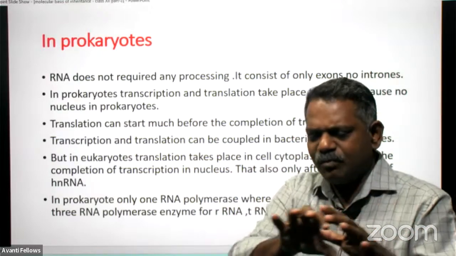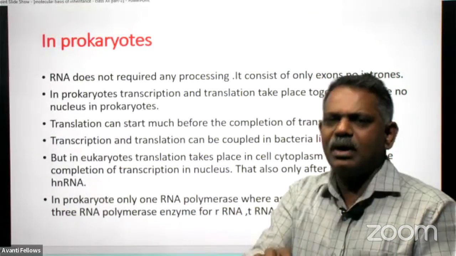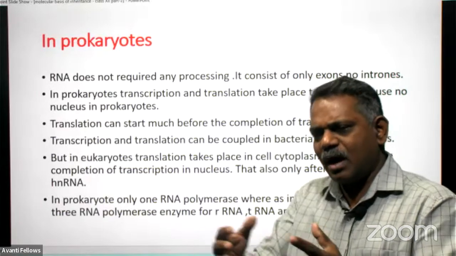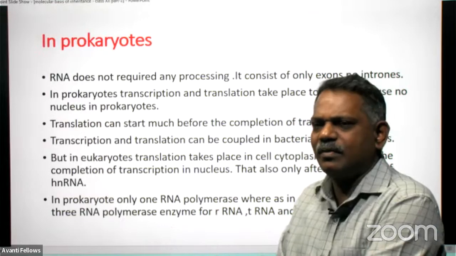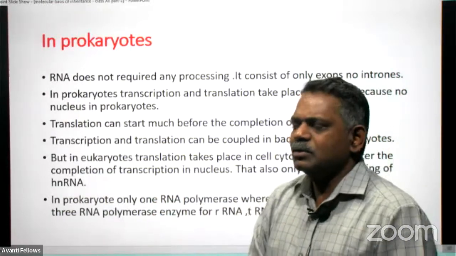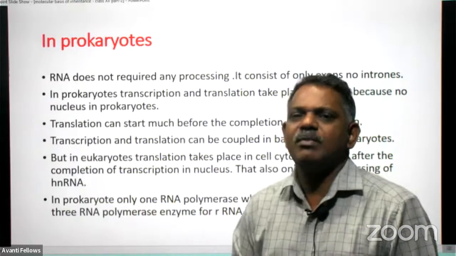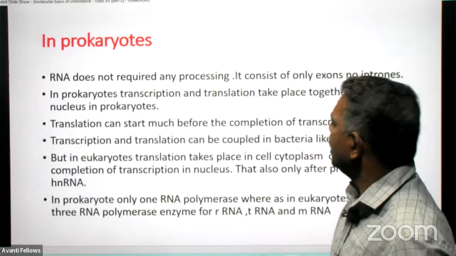Transcription, the making of RNA from the DNA, happens in the nucleoid region, and there is no need to process it. So after making some RNA, when it comes outside from the DNA, immediately the translation also starts. And whenever the transcription stops, the translation will be completed soon after.